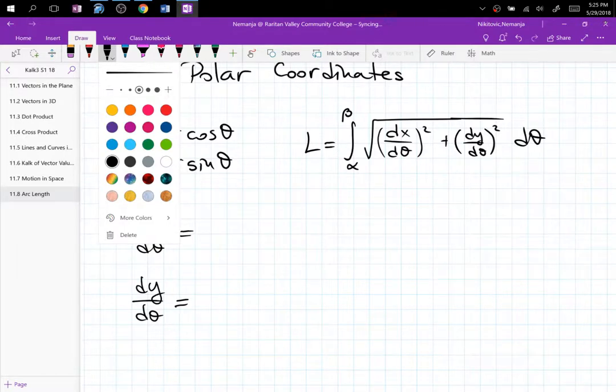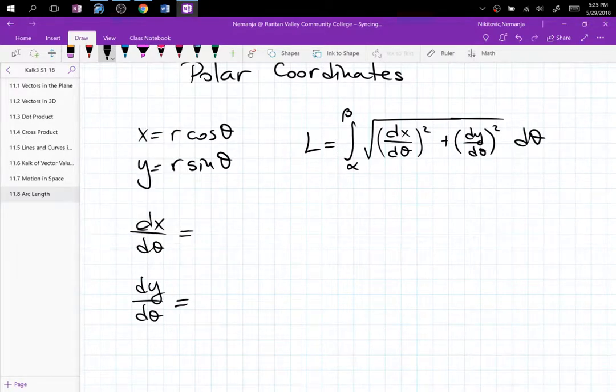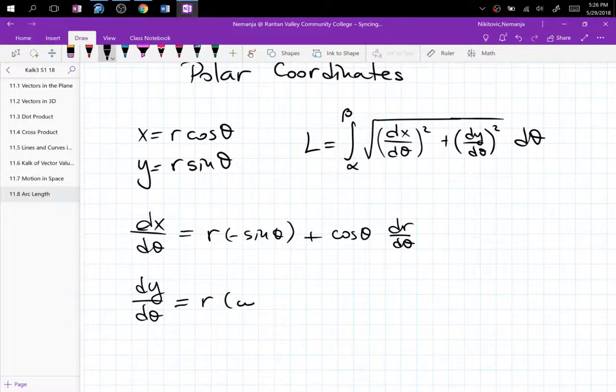So, copy the first, derivative of the second, plus copy the second, times derivative of the first, which is just dr d theta. Same for the second one: copy the first, derivative of the second, plus copy the second, times derivative of the first.